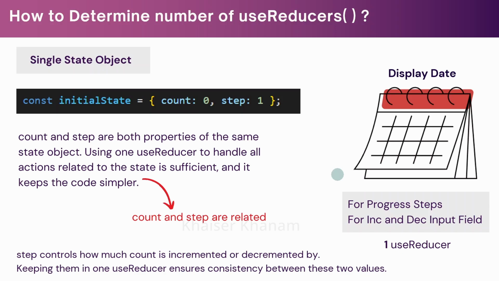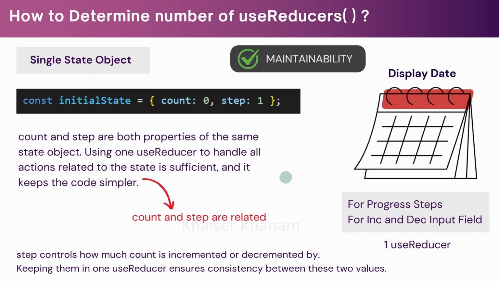Based on the change in the step, my count value will either be incremented or decremented. So definitely keeping them in one reducer ensures consistency between these two values. When we are using useReducer and creating state by including all the variables which are related to each other, it becomes very easy to maintain our code.